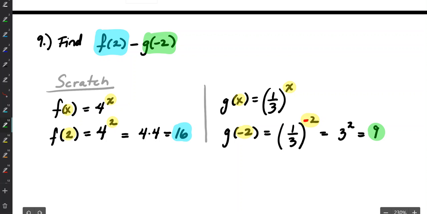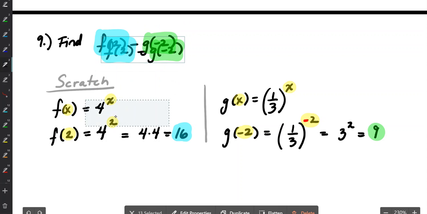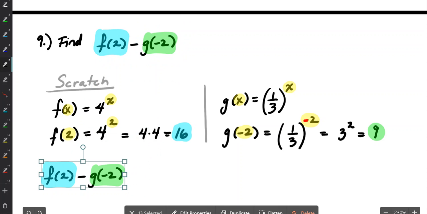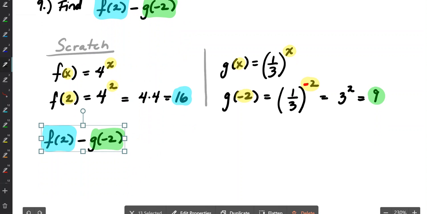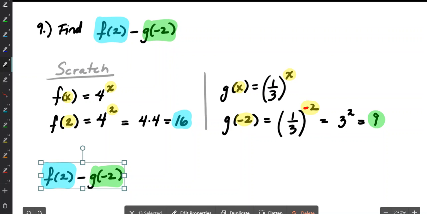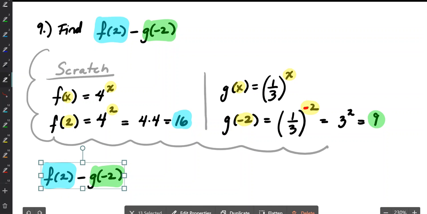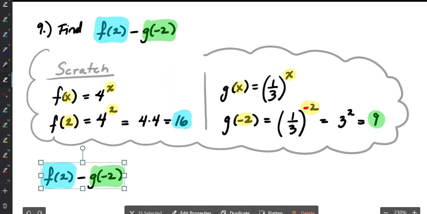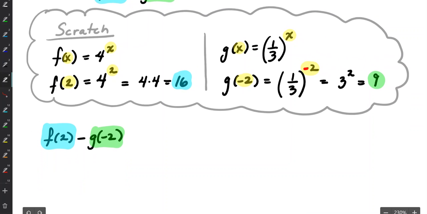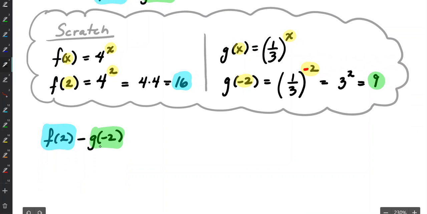All right, so now putting these together, you do not have to do scratch. You can jump straight in, but I think the scratch is helpful for some of us. So it's good to do it. Give yourself plenty of space. So f of 2 we found out to be 16. Minus g of minus 2 we found out to be 9.